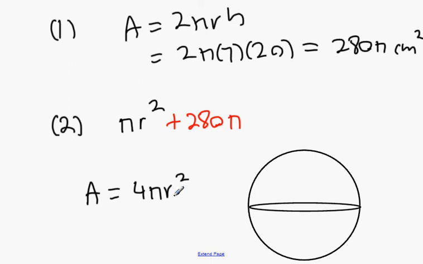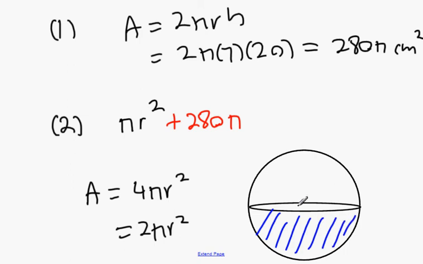Okay? Now, what is the surface area of the hemisphere when we cut it in half? So if I get rid of this, it's half. A half of that. Alright? And this does the blue part. Okay?